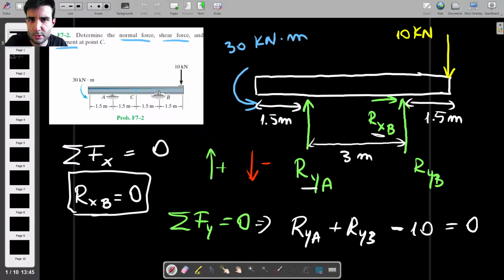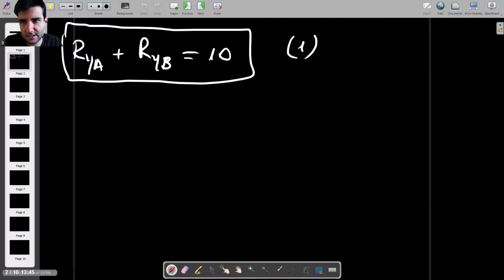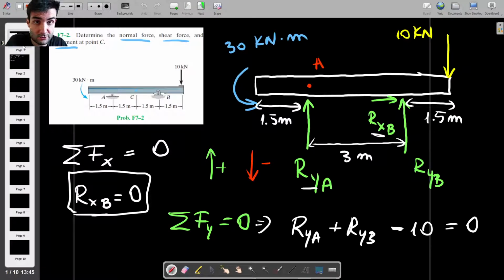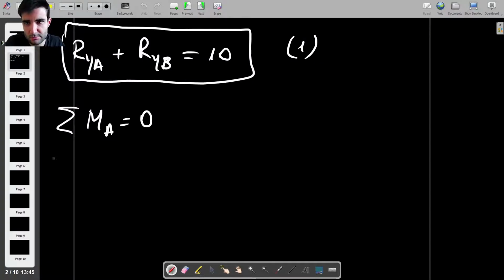You can take moments about any point, but I will take moments about this point that I'll call P. Actually, this is point A according to the diagram, so let's call it A. So I'll say that the sum of moments about point A is equal to 0. As usual, we need a sign convention here as well. With moments, I consider all my counterclockwise moments as positive and all my clockwise moments as negative.